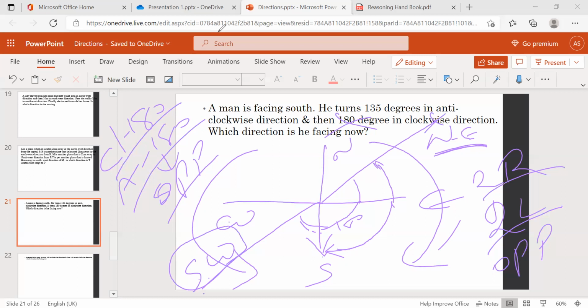What is the opposite direction of northeast? Southwest. What is the exact opposite direction of northwest? That is southeast. It's a very important thing. So 180 degrees and 2 rights or 2 lefts, both are equal. Done.